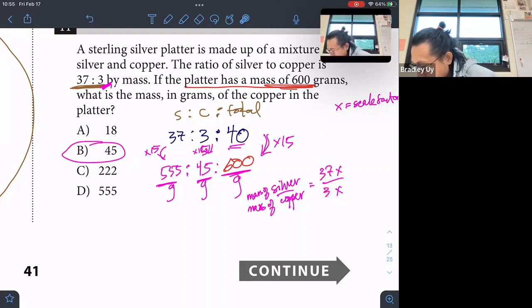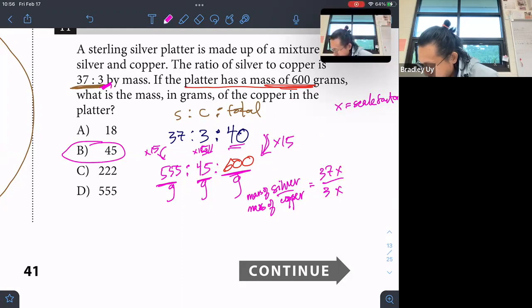If we multiply silver by X and the copper also by X, they will maintain the ratio of 37 to 3, because these X's will cancel if we were dividing both of them to find the ratio. These X's would cancel, which ensures that the ratio is still 37 to 3.